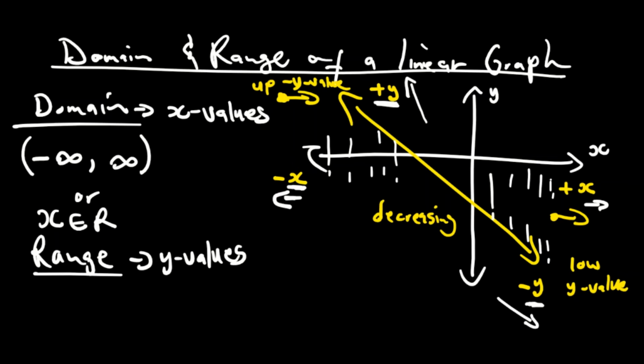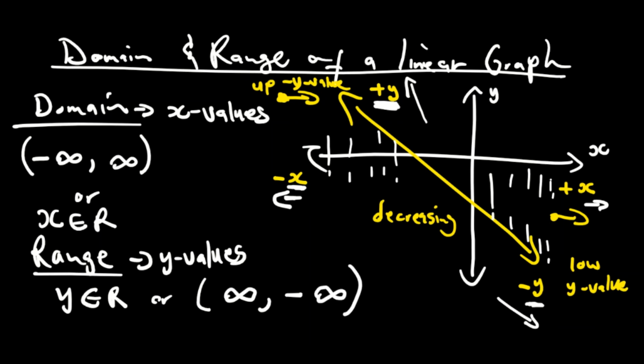So you can simply say y is the element of real numbers, or you can simply write, so they come from a positive infinity, because the y values are positive from this point here, and they go to a negative infinity. So that's how we define the domain and range of a straight line.